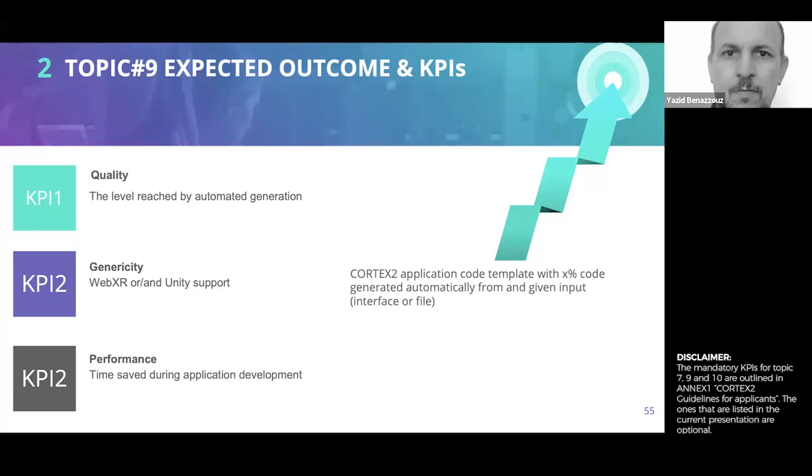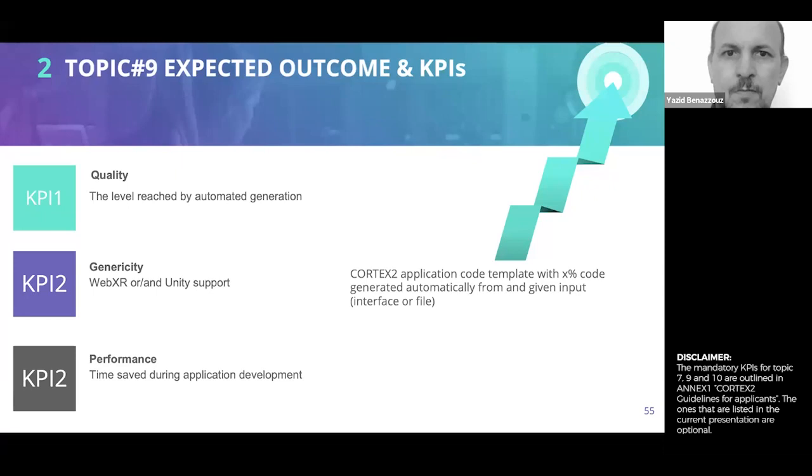And then for genericity, it depends on whether the generation of the application will be related to the WebXR framework or Unity. So if you are using WebXR or Unity or both, and how we can use your generated code.